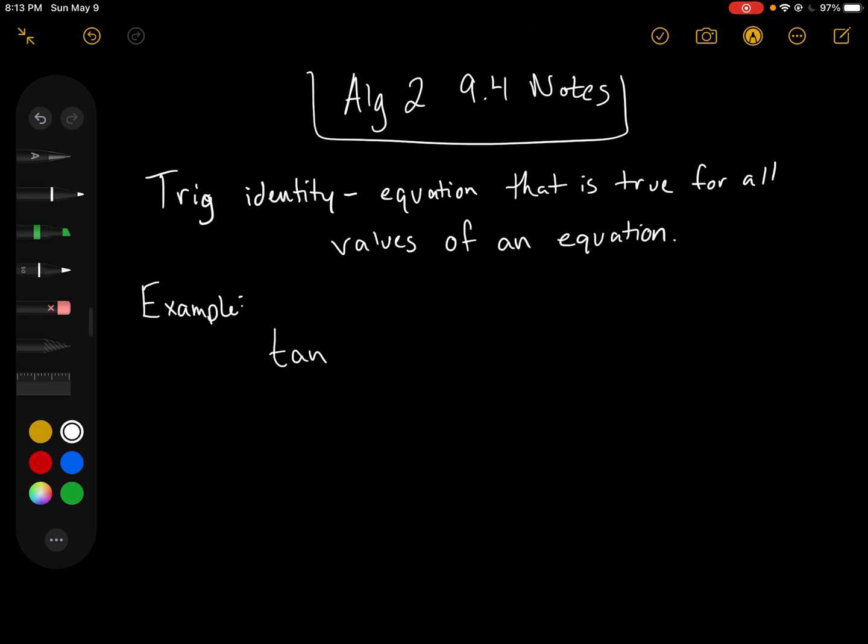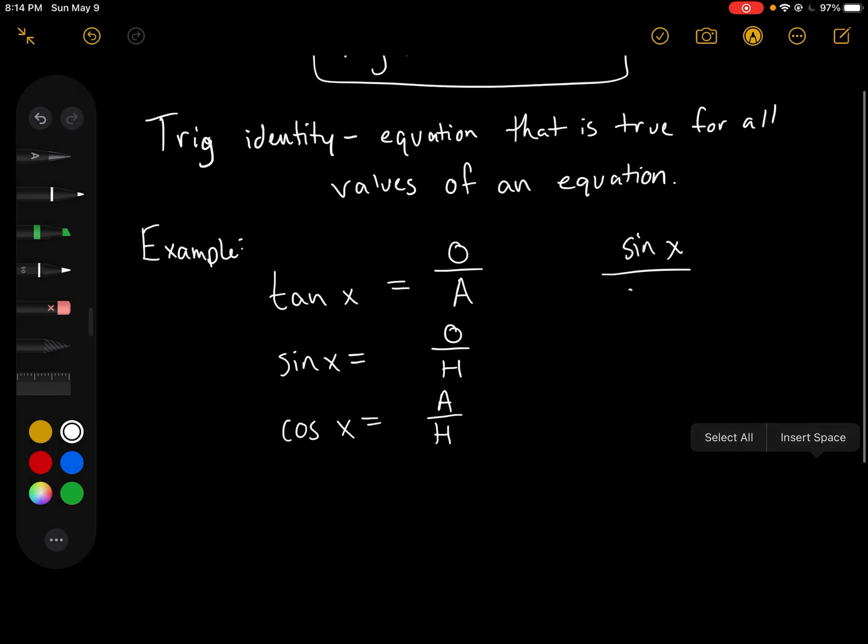We know that tangent of an angle is the opposite over the adjacent. We know that sine is the opposite over the hypotenuse, and we know that cosine is the adjacent over the hypotenuse. So here's a trick. If we do sine divided by cosine, we can actually turn this into some fraction math.